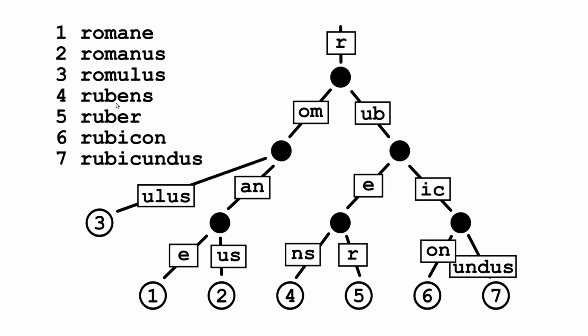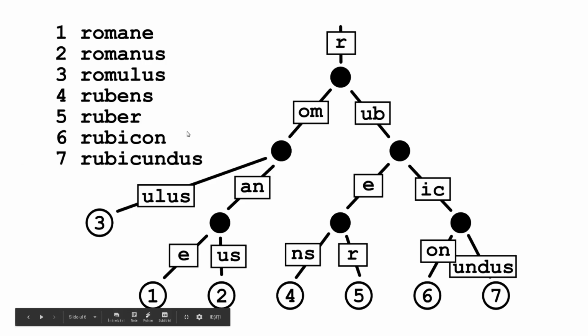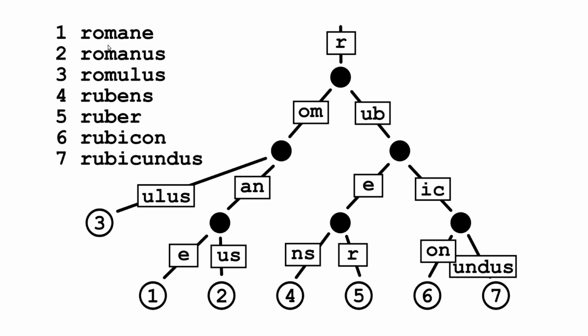So this is called a radix tree, which is a tree constructed on prefixes. For example, Romane: you can just search based on the prefixes, and you find R, O, M, A, N, and E, and you found the word Romane.